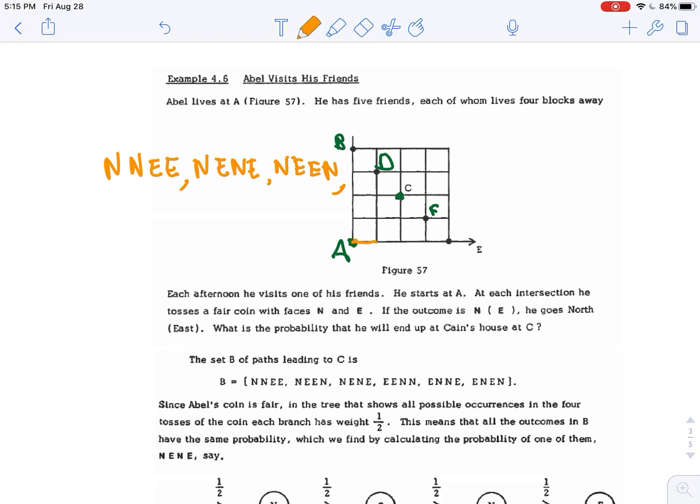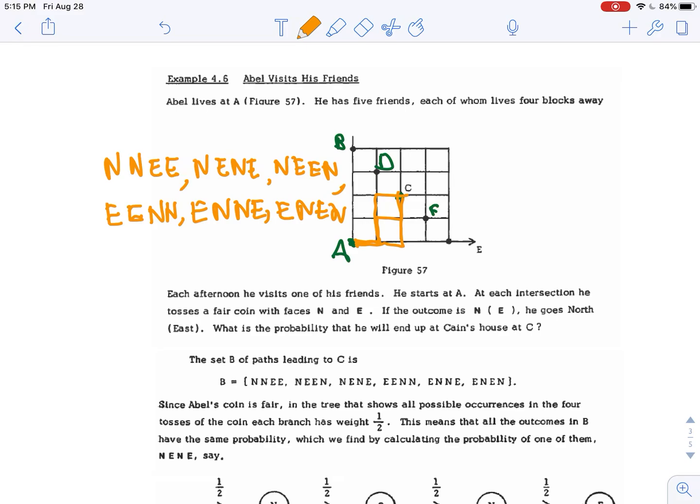But what if he goes east first? If he goes east, north, north, east. Oops, I didn't mean to draw a diagonal line there. Or maybe he went east, east, north, north. Okay, we got that one. And east, north, east, north.